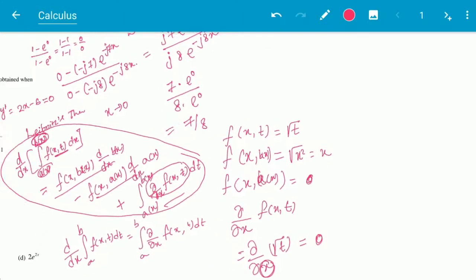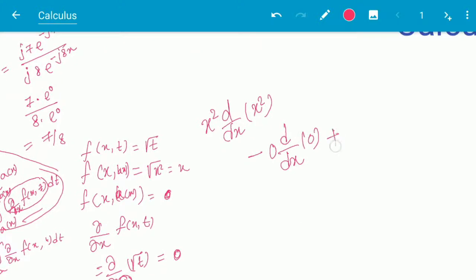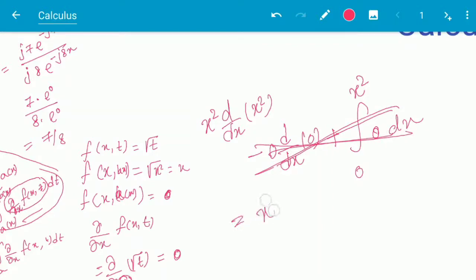What will be the formula? The formula will be x square d by dx of b(x), meaning x square, minus 0 into d by dx of 0, plus the integration from 0 to x square of 0 dx. So this whole term will be cancelled out, and this will be root over of x square, x square d by dx of x square.